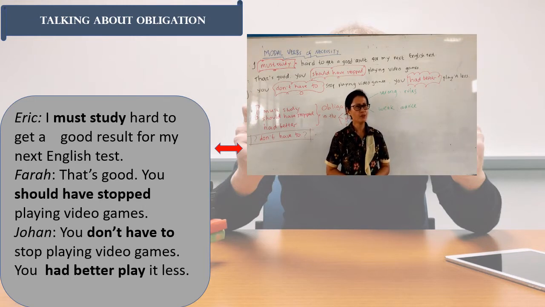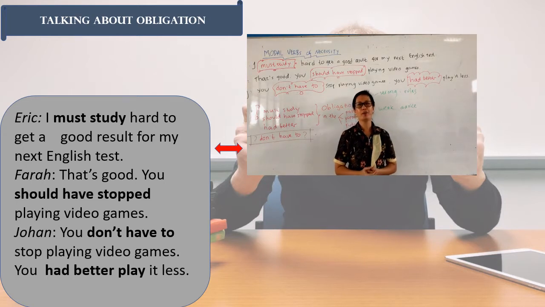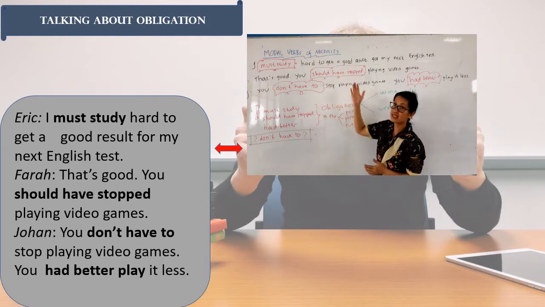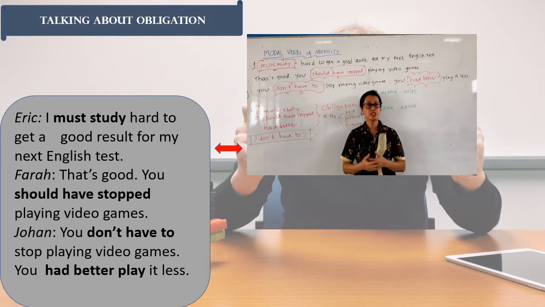Do you remember now? Modal is like can, could, what else? Will, would, should, must, may, might. Okay, good job. Now today we are going to focus on modal verbs which express necessity. Something which is important or necessary or penting, perlu.